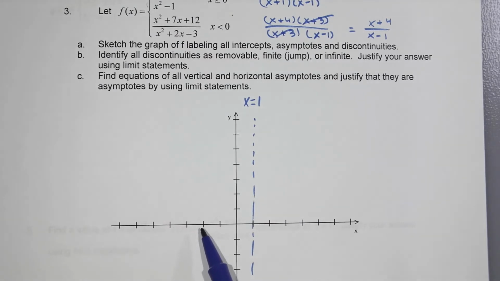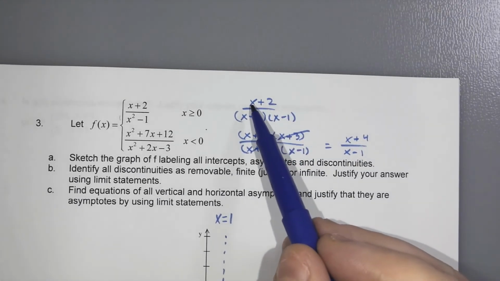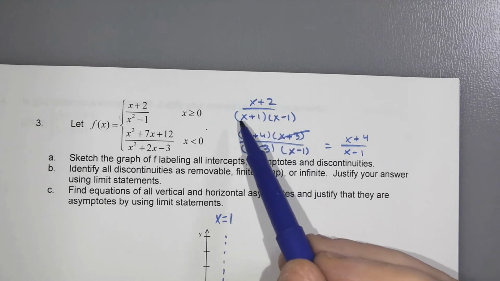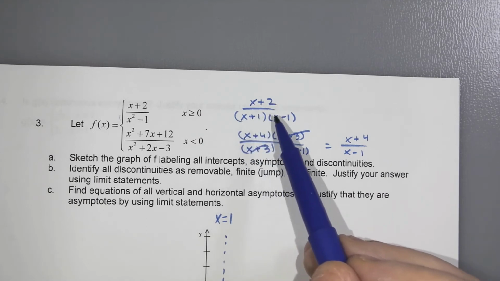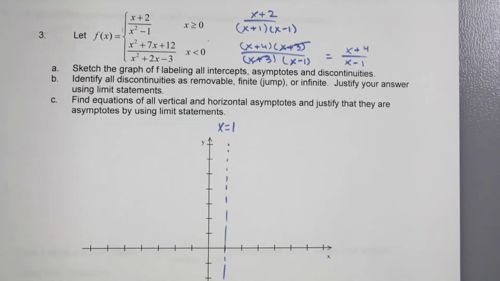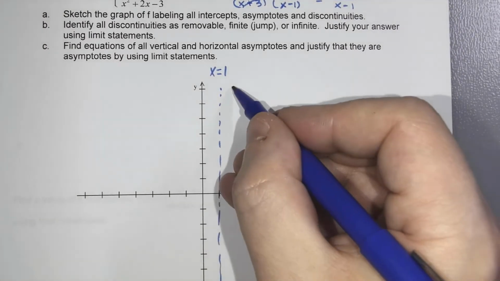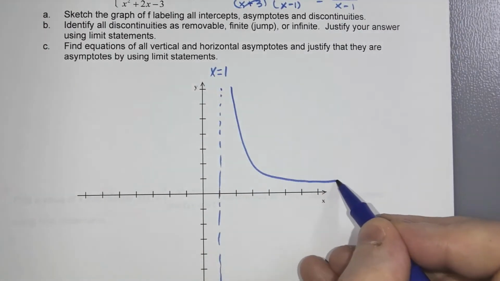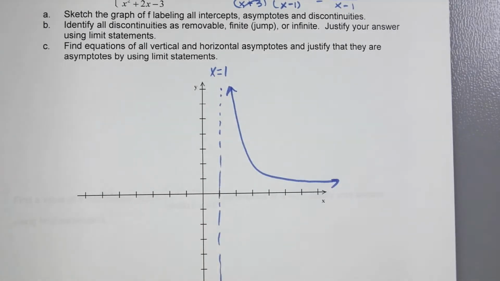And then that means that there are no x-intercepts over here. So am I above or am I below? Let's do that by sticking in 2. 2 plus 2 is 4. 2 plus 1 is 3. 2 minus 1 is 1. That's going to be positive. So my sketch of my graph is going to look something like this.